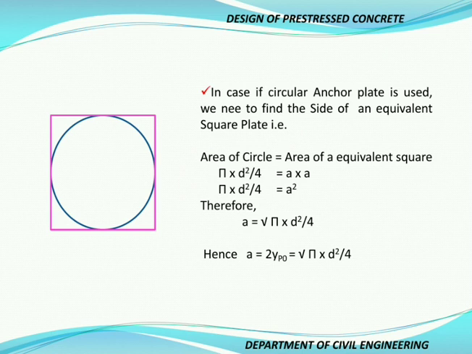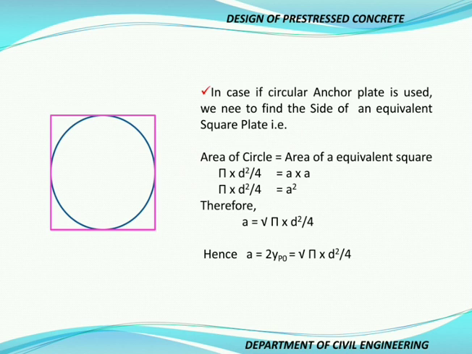In many examples we will be using this relationship. So if I use this directly in examples, don't worry about where it has come from. Please note down these formulas and be ready to solve the examples. These examples are straightforward and easy. We need to compute the bursting force.